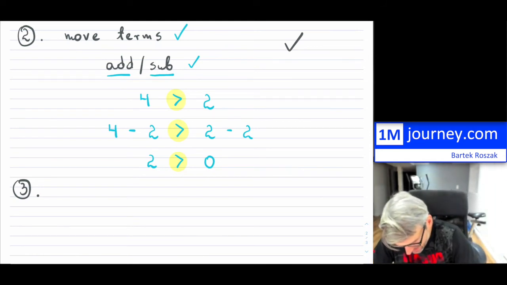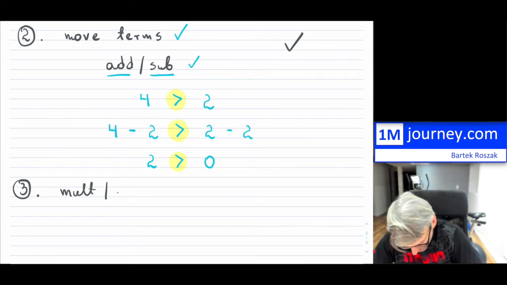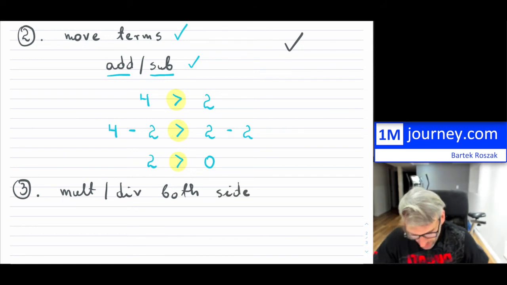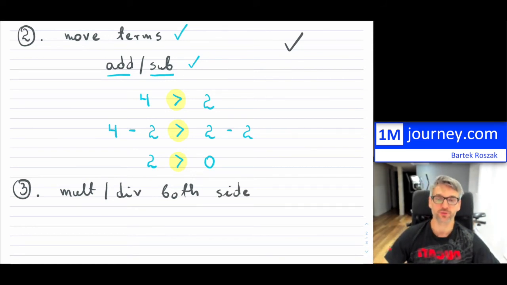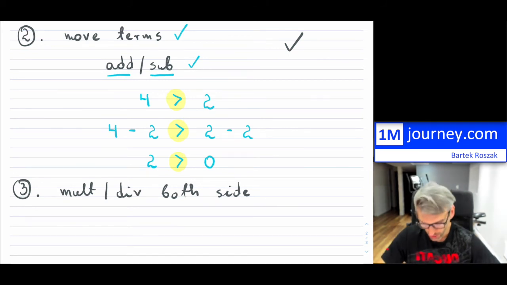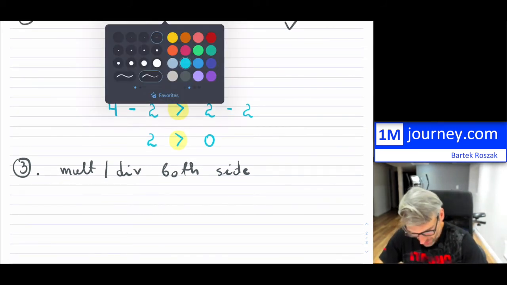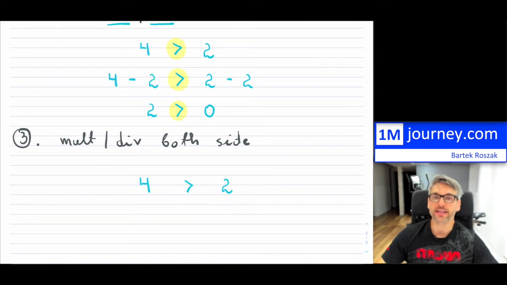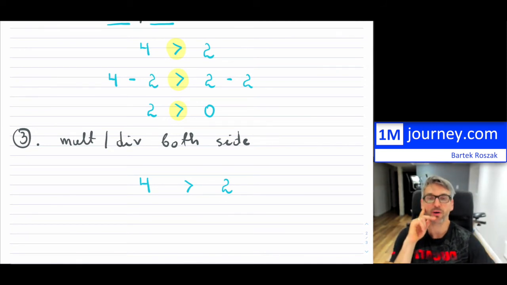So now the last thing is we're going to either multiply or divide both sides to isolate for our unknown. That's what we have to do. So let's take a look. Let's say I had 4 greater than 2. Let's first take positive numbers. What if I divide or multiply by a positive number?